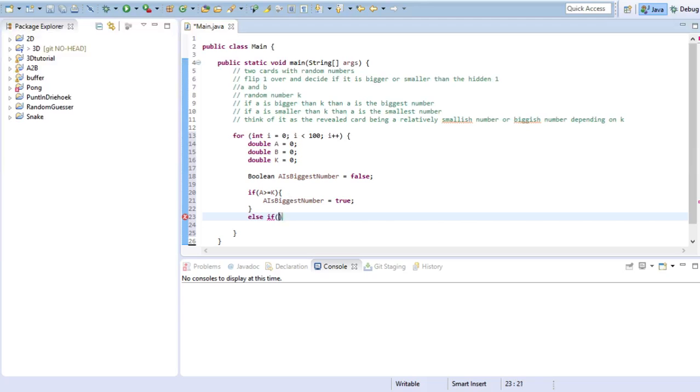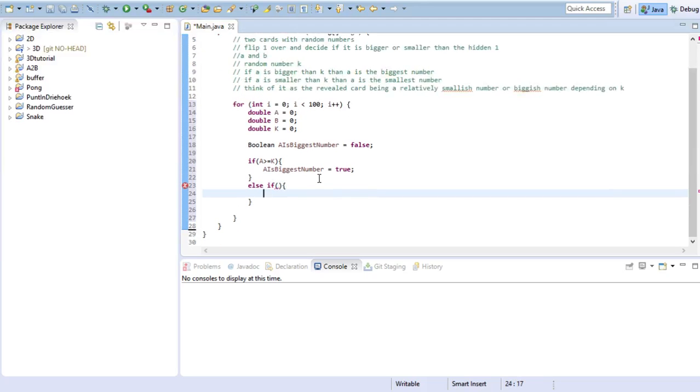Else if A is the biggest number is false.